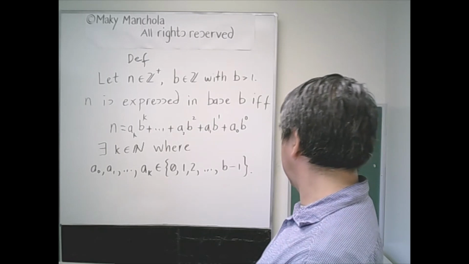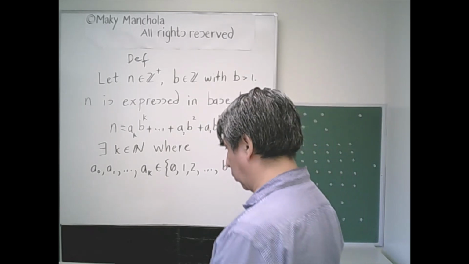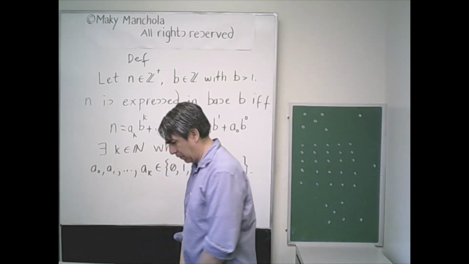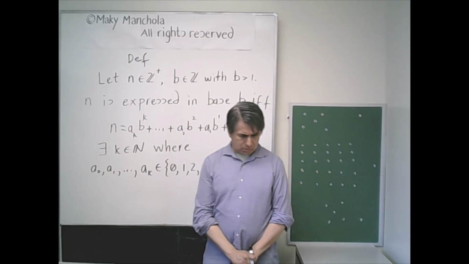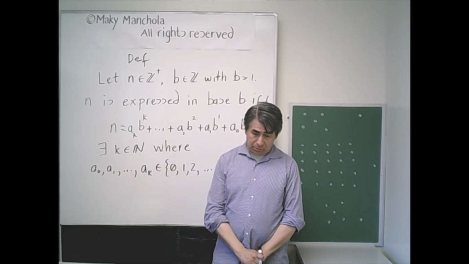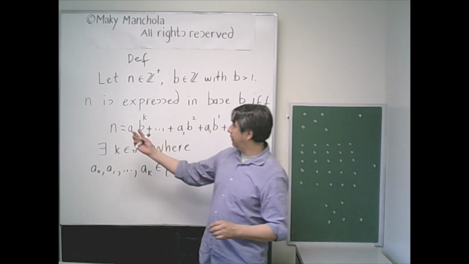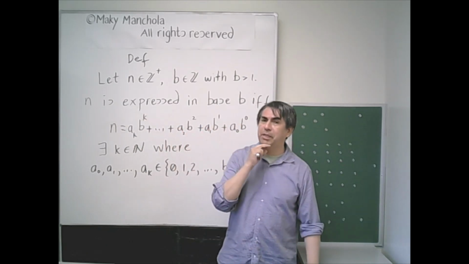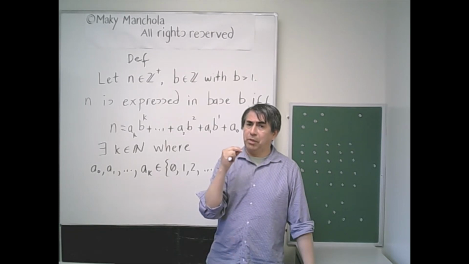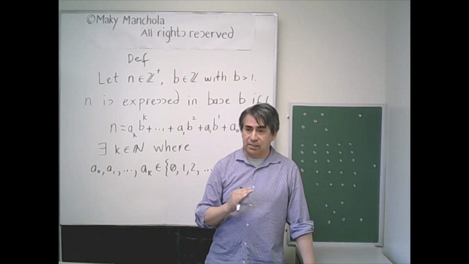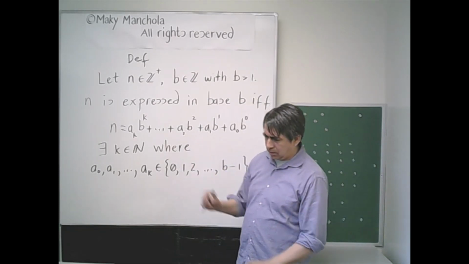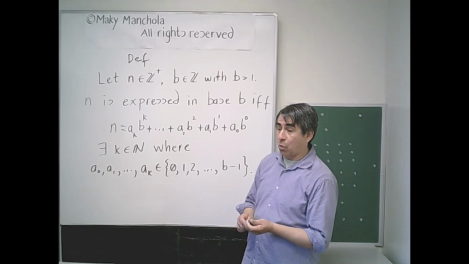Here is the question that we want to work with. I want to be able to identify a number that's given and that's expressed in base b. I would like to be able to identify what number is that. So that's our first question.